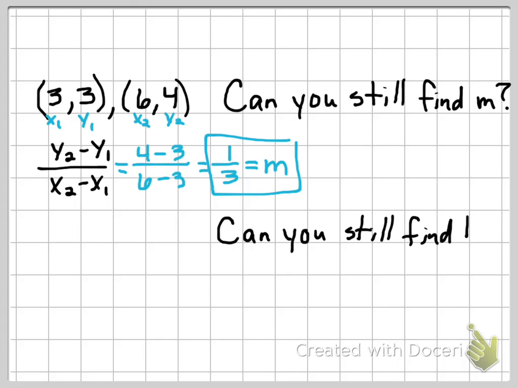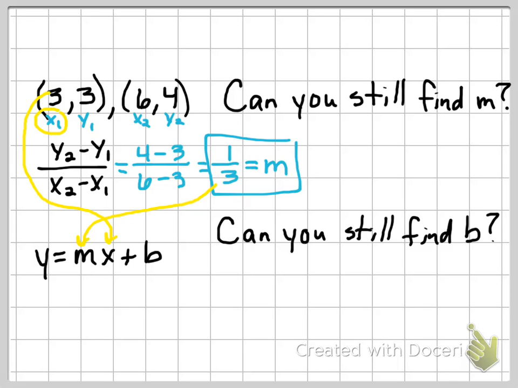Now this part is going to be a little harder because it's something that's a little different. If you remember, your equation is y equals mx plus b, right? Well, we have an m, so we can plug it in. We also have an x up there from the 2 points, so we can plug it in.